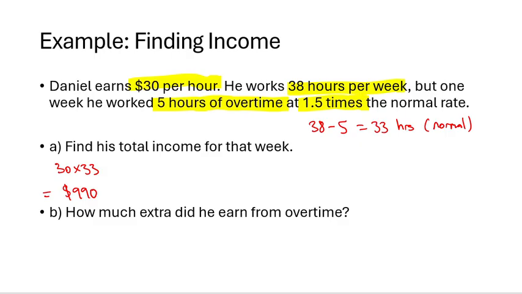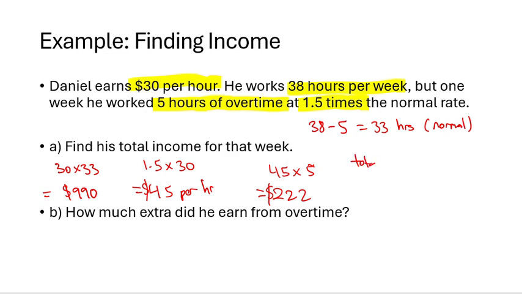And then we're going to find out how much he earned from that overtime. So let's just calculate his hourly rate for the overtime. I believe this will be $45 per hour. And because he worked a total of 5 hours, we just take that 45, multiply it by 5. We should get $225.